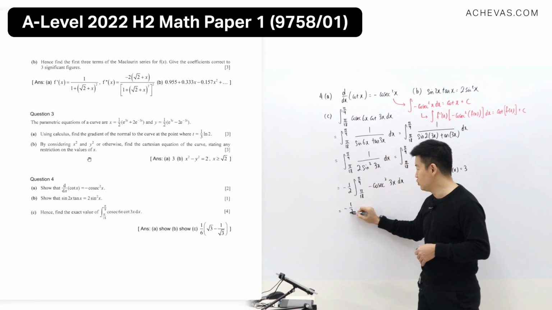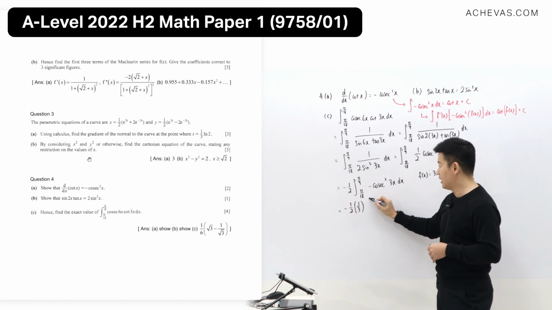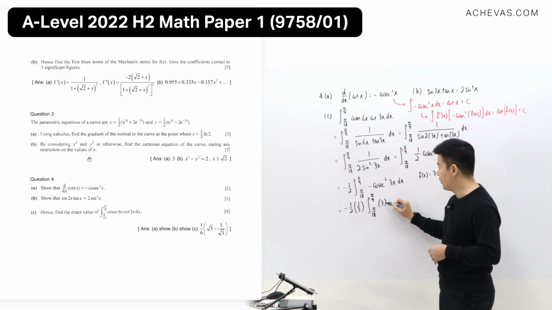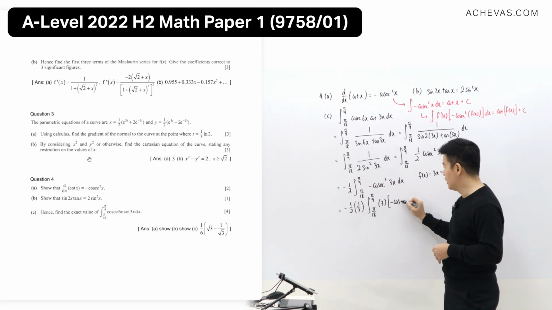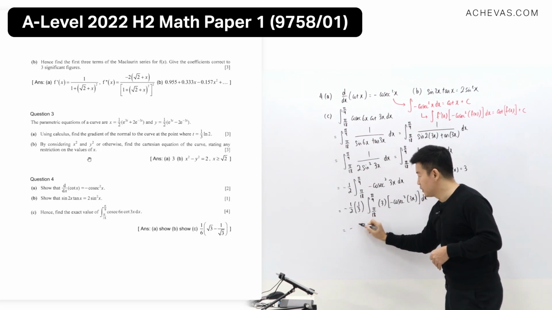So 1 over 2 dividing by a 3 outside, or multiplied by 1/3. Then it will be integration from pi over 18 all the way until pi over 9 of 3. Then here we will have a negative cosecant square. This is my f x dx. And according to this is negative 1 over 6.